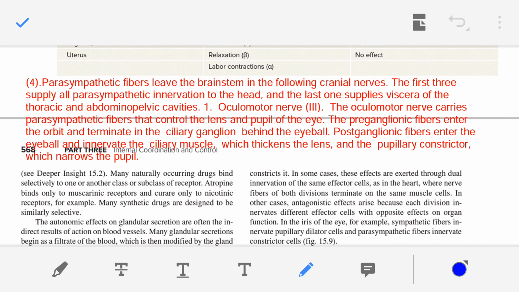One such nerve is the oculomotor nerve. I have already shown you the figure, right? You can scroll back and observe where exactly the oculomotor nerve is. Now the oculomotor nerve carries parasympathetic fibers, and these fibers control the lens and pupil of the eye.